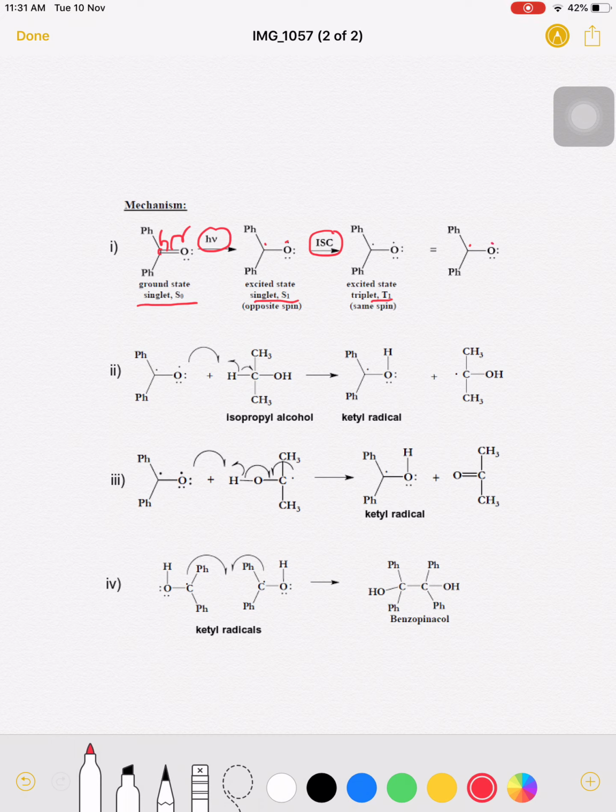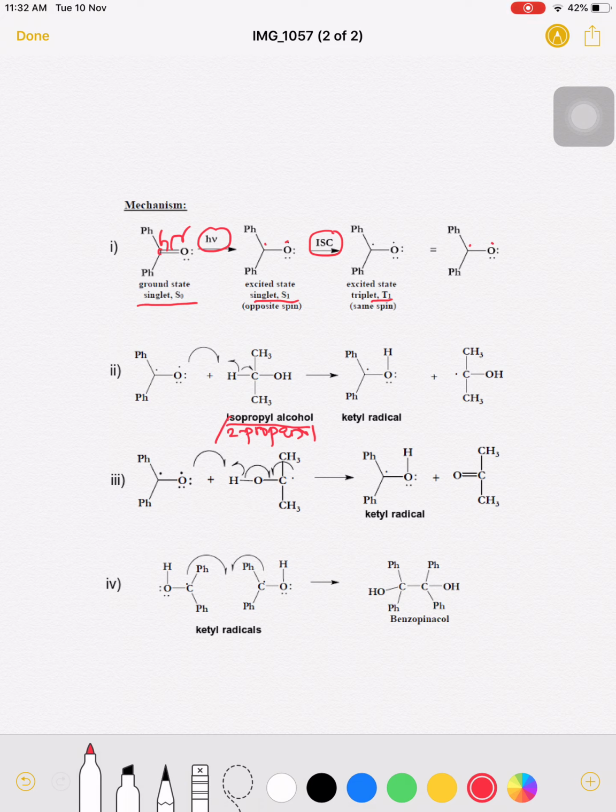This is a radical molecule which abstracts hydrogen. This is the isopropyl alcohol, CH3 CH, isopropyl alcohol means 2-propanol. From this 2-propanol, one hydrogen is transferred to the radical on the oxygen.